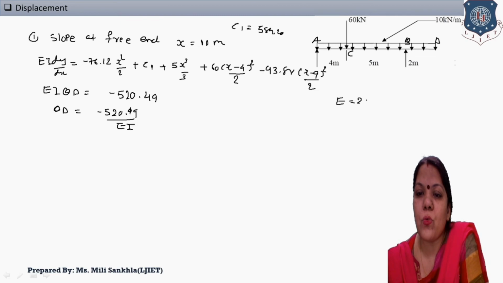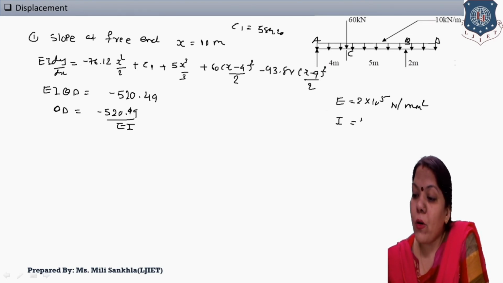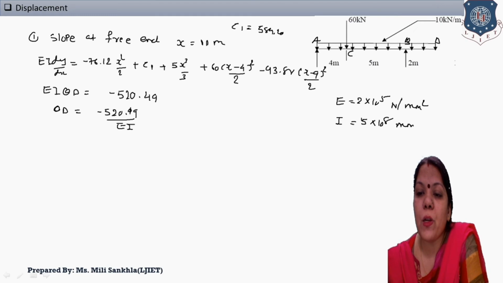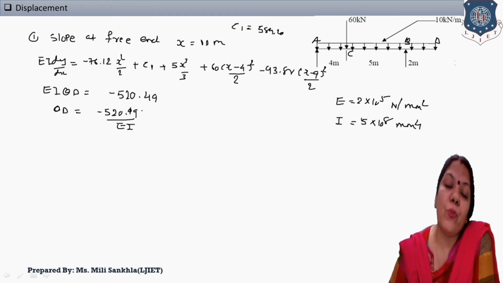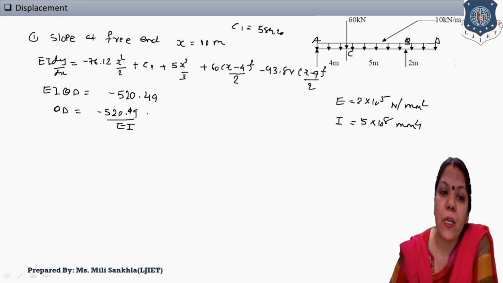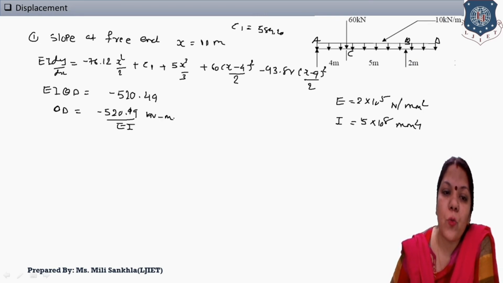Okay, now what is the value of E? E is equal to 2 into 10 raised to 5 Newton per mm square, and I is equal to 5 into 10 raised to 8 mm raised to 4. Okay, now remember that the unit of this theta d in numerator is kilonewton into meter square.